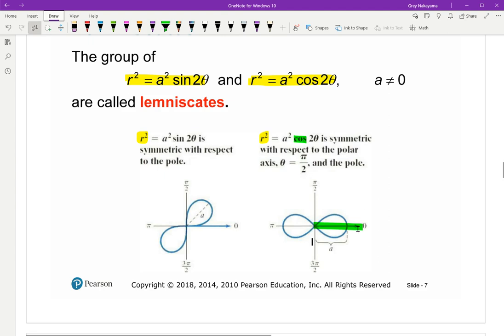And notice the cosine graph is symmetric to the polar axis, the pole, and theta equals pi over 2, which is right here. So some key things that you have to remember. This number in front of it both times is a squared number. So to find the petal length, you have to take the square root of it. But again, we'll do some together so you'll see.